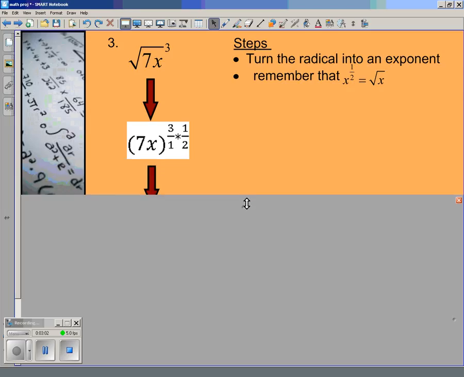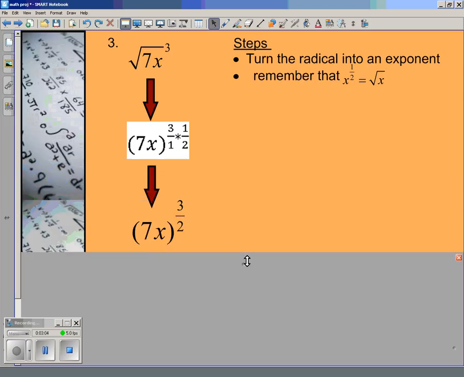And those two do multiply together to get 3 over 2. So your final answer will be 7 times x with an exponent of 3 halves.